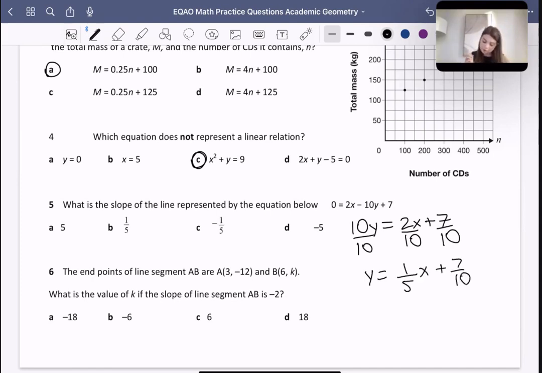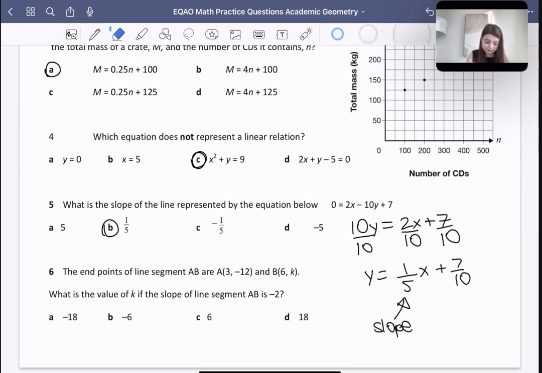And remember, y equals mx plus b is our equation, with m, our coefficient for x, being the slope. So therefore 1/5 is the slope. So my answer is going to be B, which is 1/5 is our slope here.